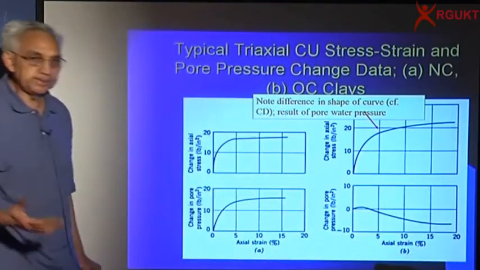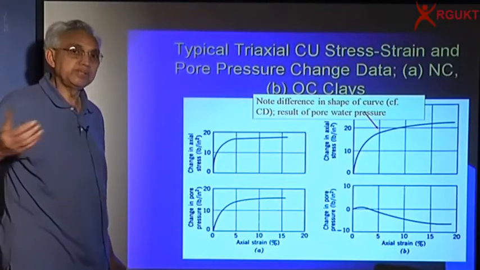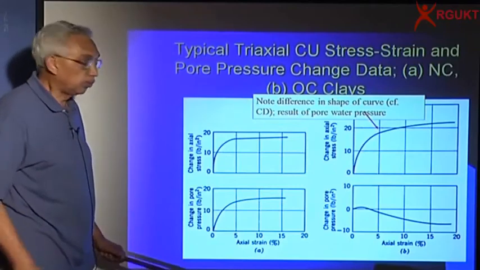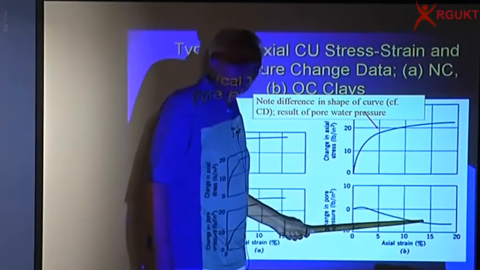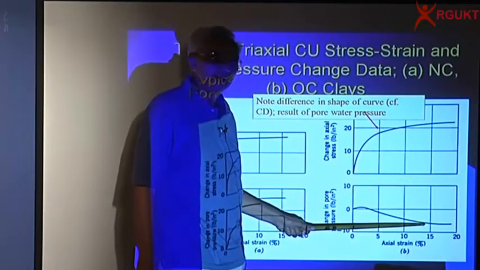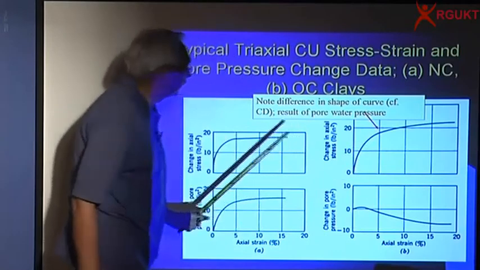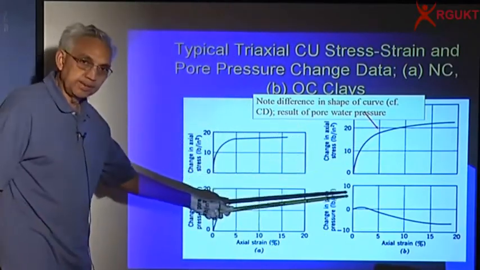If the pore pressure is negative, the effective stress, which is total stress minus pore pressure, is more. You may not get total failure, and so instead of a volume increase, because it's an undrained test, you get a negative pore pressure. So this is the difference between normally consolidated soil and overconsolidated soil.